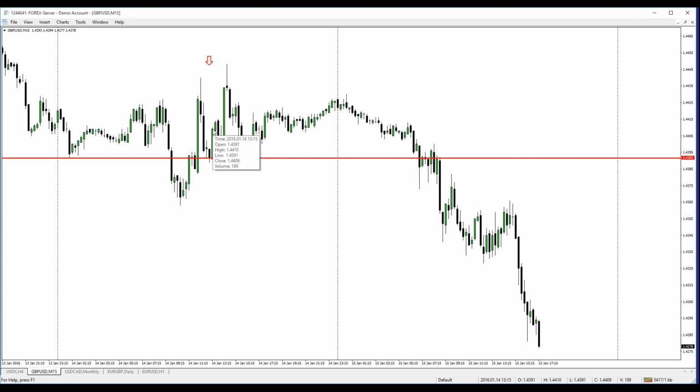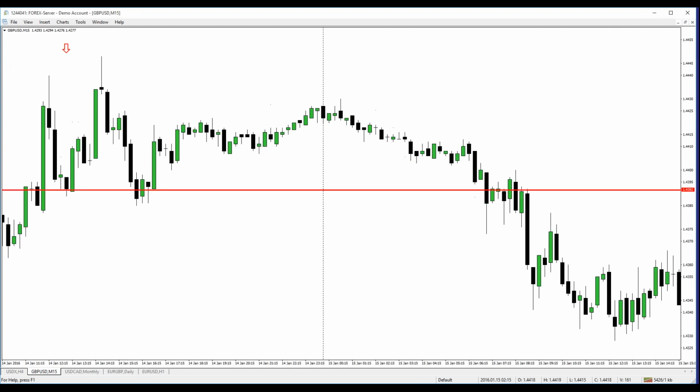So here's the candle. This is the candle I went in long on, and I want you to look at what you see here. Zoom in one more time because this is very, very important.